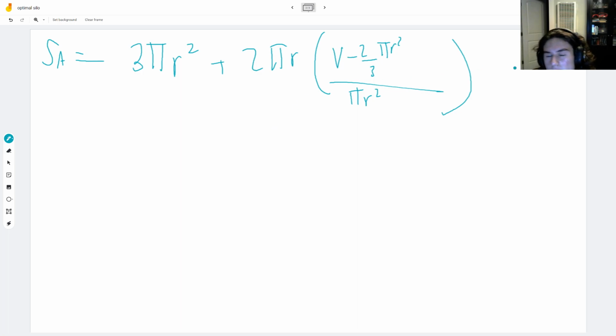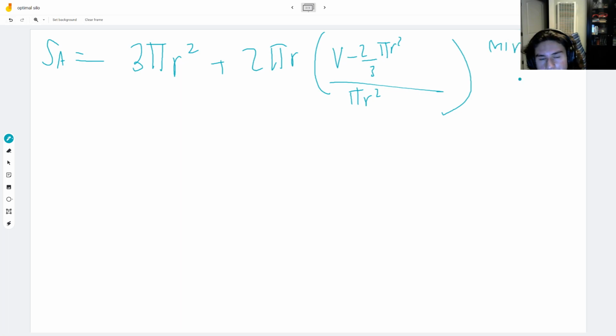So to solve this problem, we need to figure out what our local minimum for surface area is, right? Because we want to have the least amount of surface area, the least amount of metal for the same amount of volume. So we're going to find the local minimum. Minimums exist at critical points.